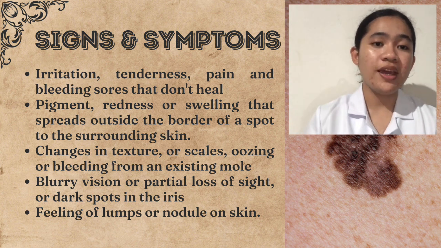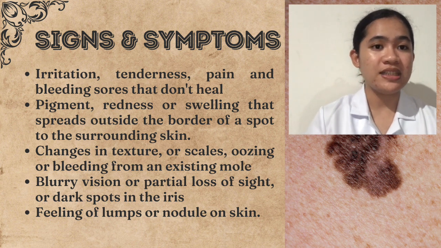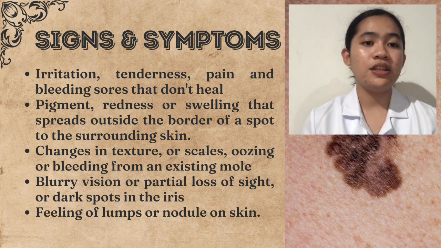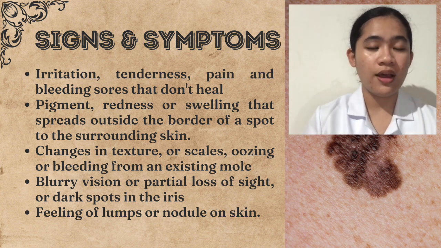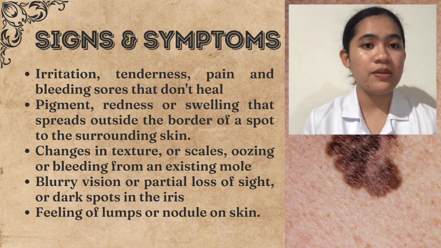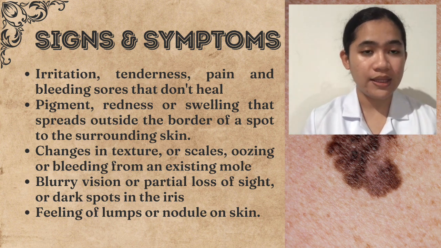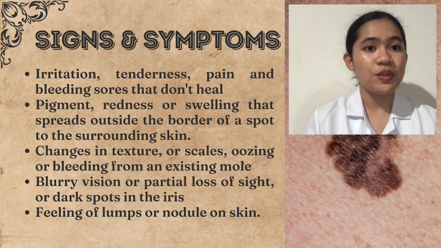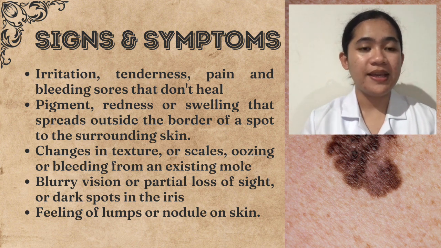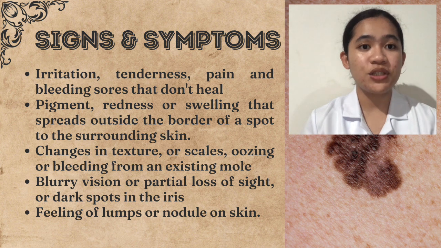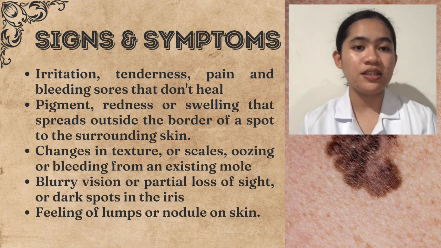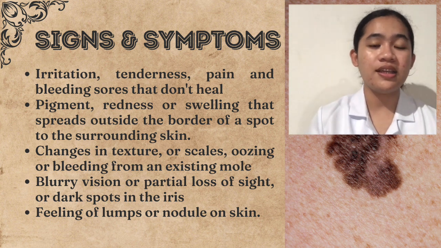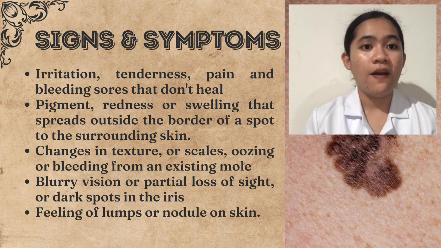Through a vision test or through an inspection, you may notice and detect melanoma if ever you have melanoma in your body. It could be based on the color, the shape, the size, or the other characteristics of the moles that already exist in your body.